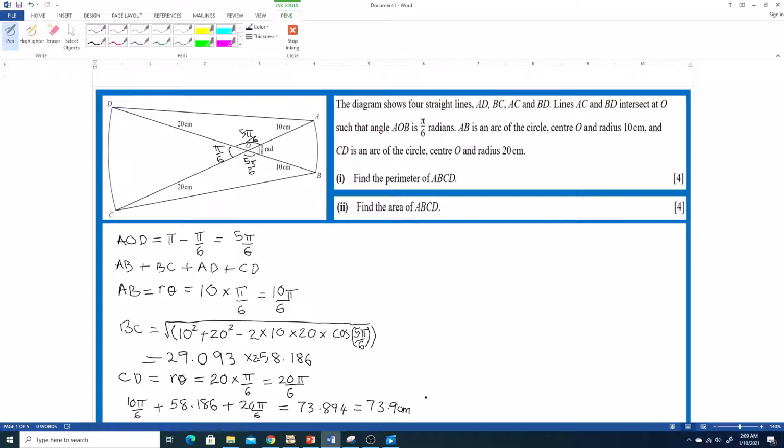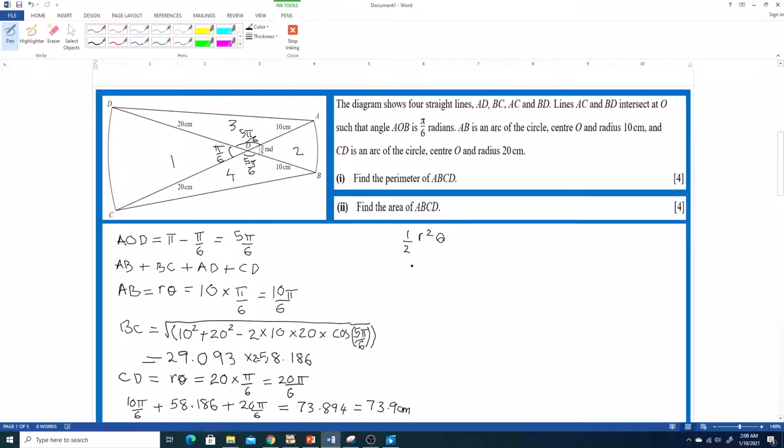Now, question B says find the area of ABCD. Again, triangle BOC and AOD are going to be equal, so I'll do one step for that. And AOB is a sector, so the formula for area of a sector is a half r squared theta. I'm going to number this 1, this 2, this 3 and 4, so I can keep track of which one I've done and which one I've not done.